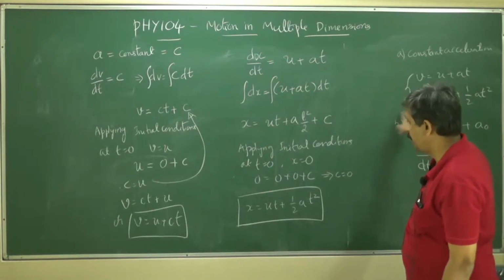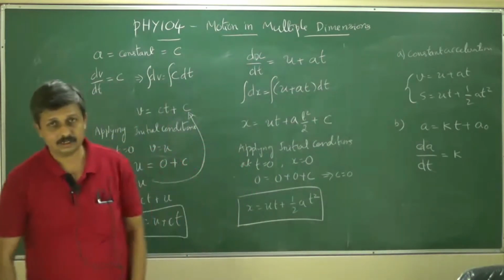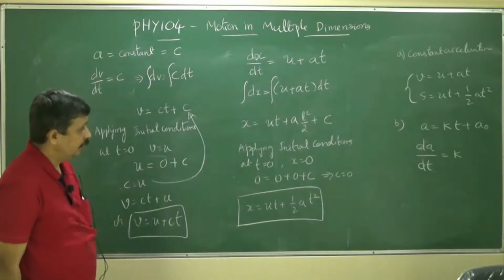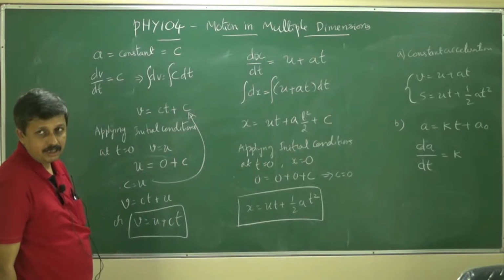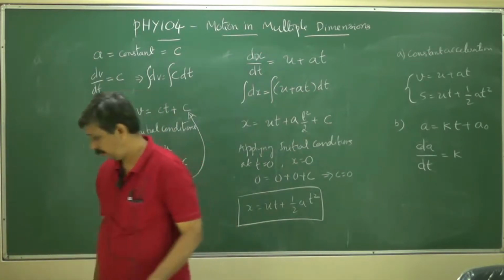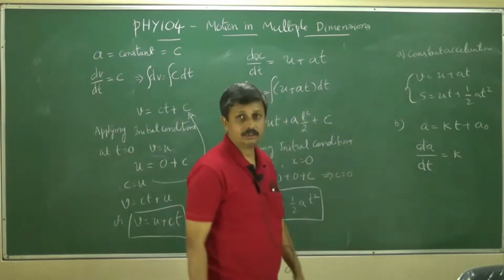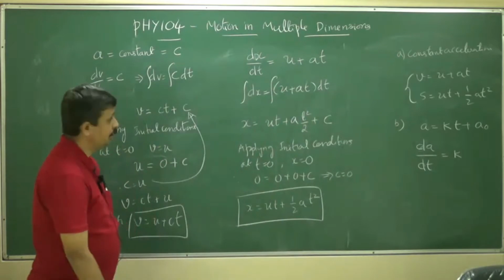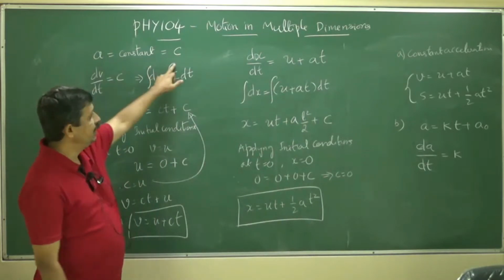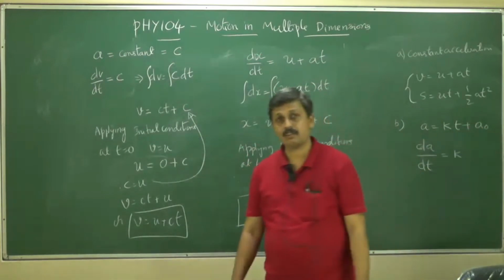Kinematics equations, two kinematic equations directly from our basic assumptions of calculus. Okay, now you do the second one. Part B you are going to do now. So you start from here now, instead of starting from a is equal to c, where we started, you start from a is equal to kt plus a naught.